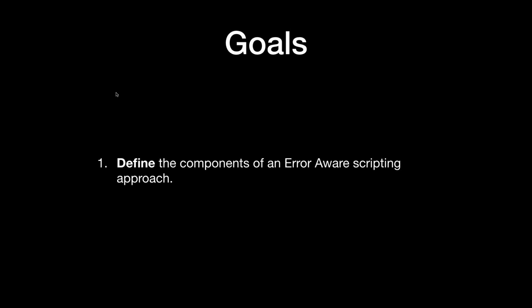All right, so the goals for today are to define the components of an error-aware scripting approach, and then to just show an implementation of an approach. So the reason I've split it like this is I think some people are going to be more interested just in the theory and just get some pointers about what they need to cover, and they'll go away and do their own implementation.